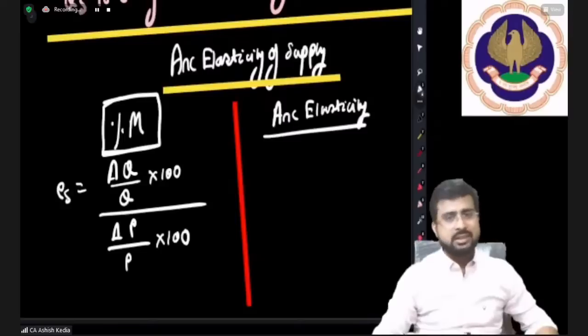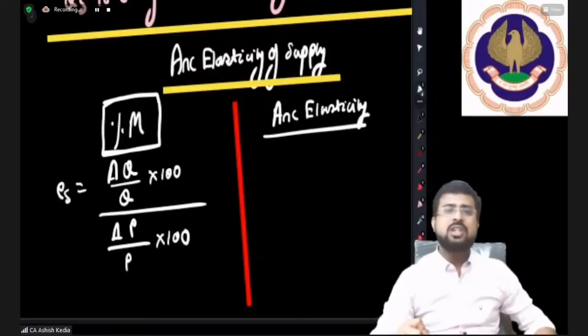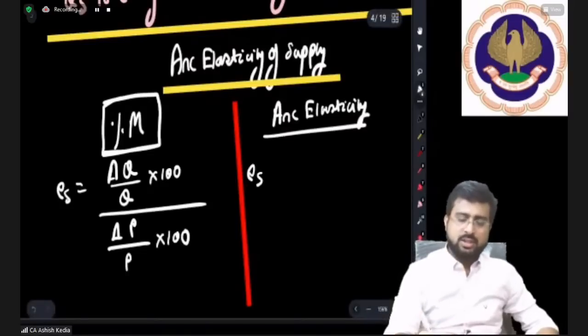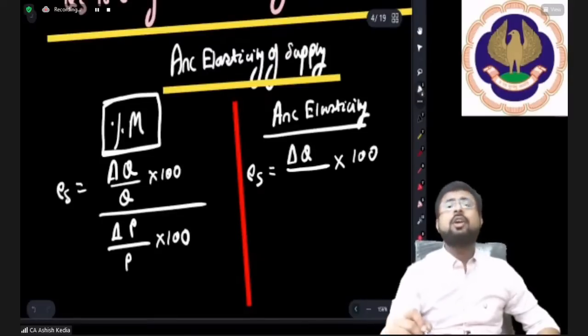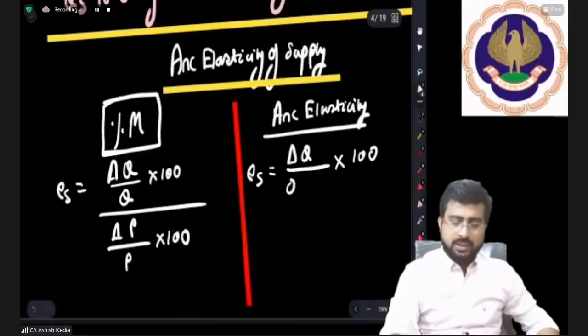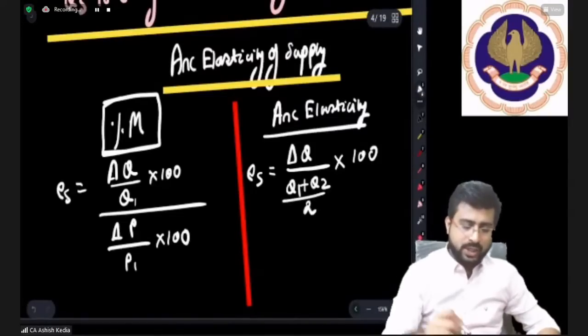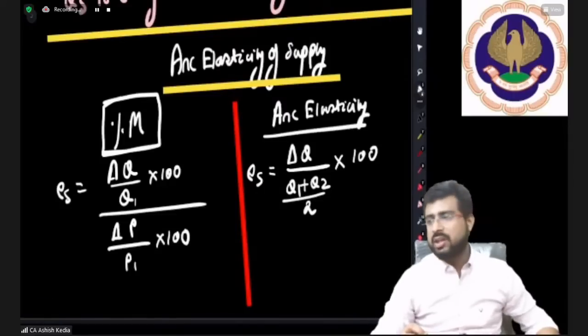Now in arc elasticity, there is only a slight change, a very little change. Instead of the original quantity, you will take the average quantity, meaning Q1 plus Q2 by 2. Here you were only taking the original quantity; here you are taking the average quantity.